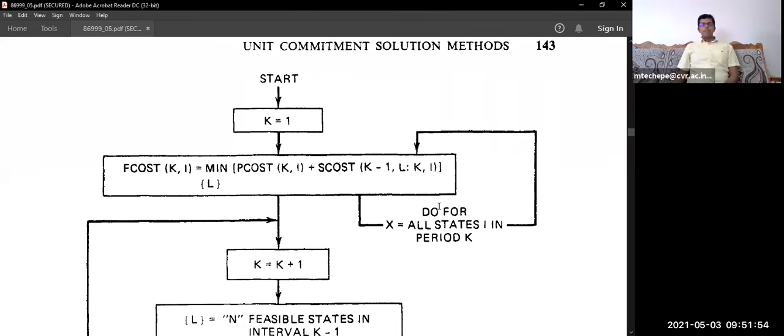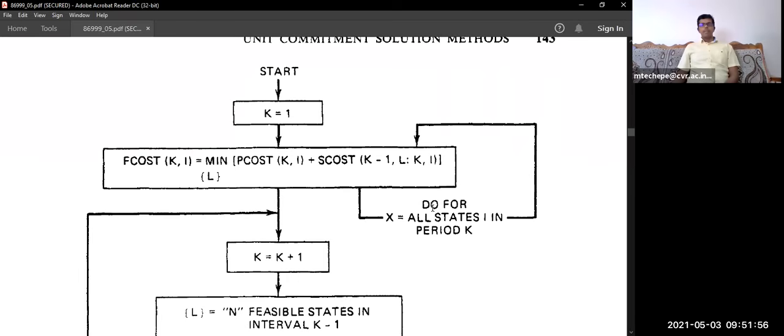We run this for all the states I in the period k.